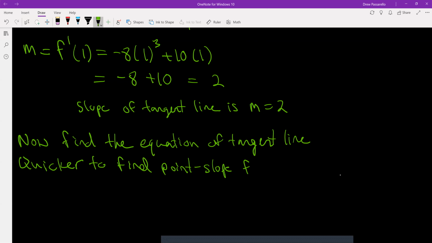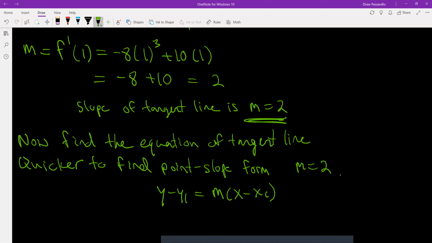Why it's quicker is because they give you a point and you just plug the coordinates into the formula for point slope form. And that's y minus y1 equals m times x minus x1, the point slope form of a line. So we have m is 2.